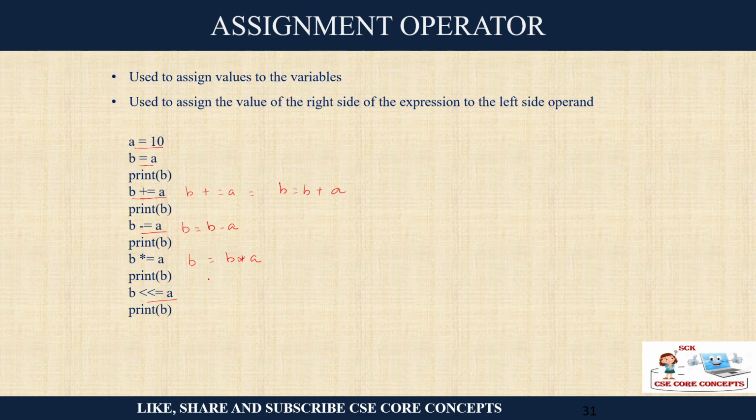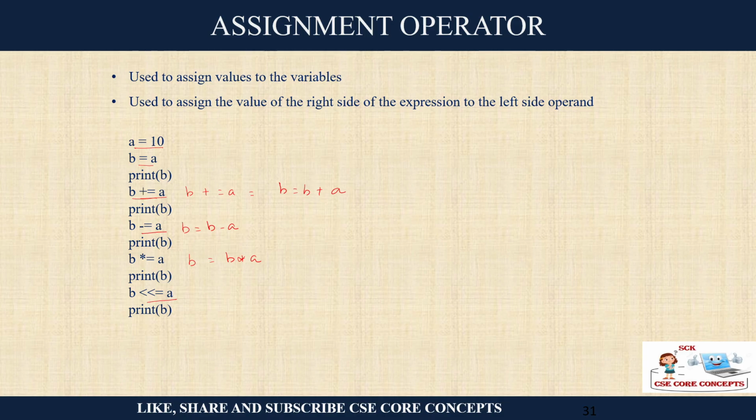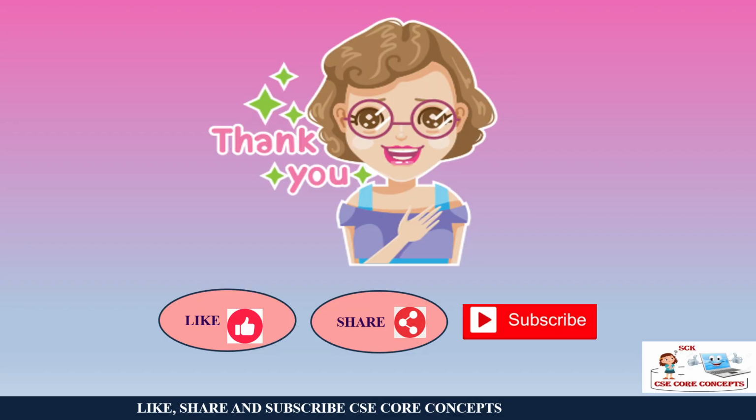Understood? So these are the different types of assignment operators. So these are all the types of assignment operators. You can try each one of them. You can write small programs and you can try them.